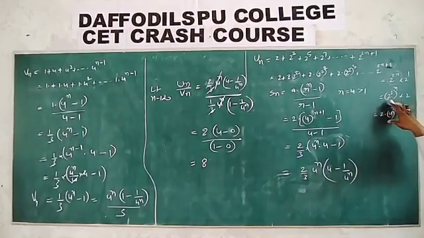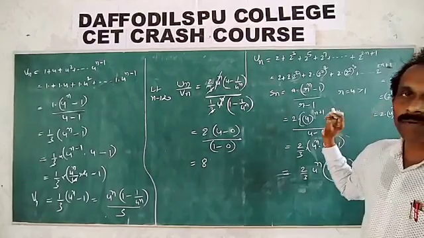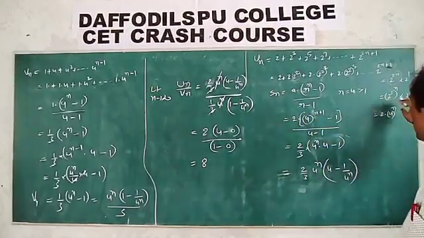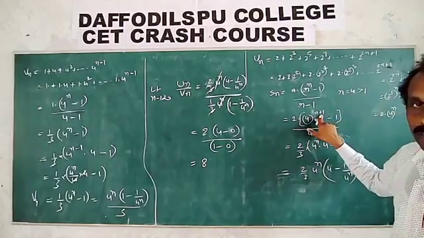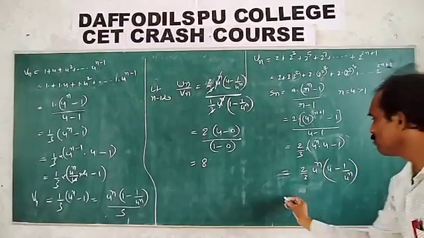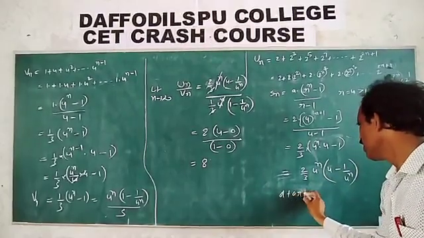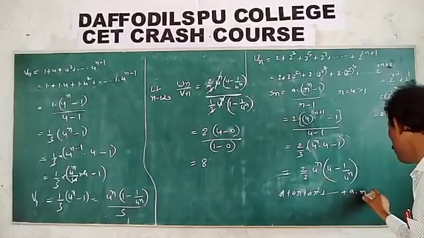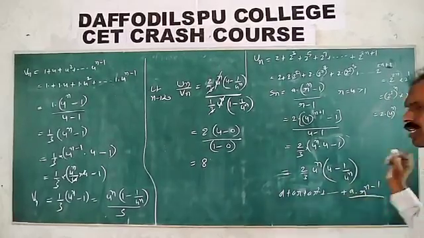The last term is treated as r power n minus 1, but here we take r power n, so there are n plus 1 terms in total. An ordinary GP is a, ar, ar square and so on, plus a into r power n minus 1 as the last term.